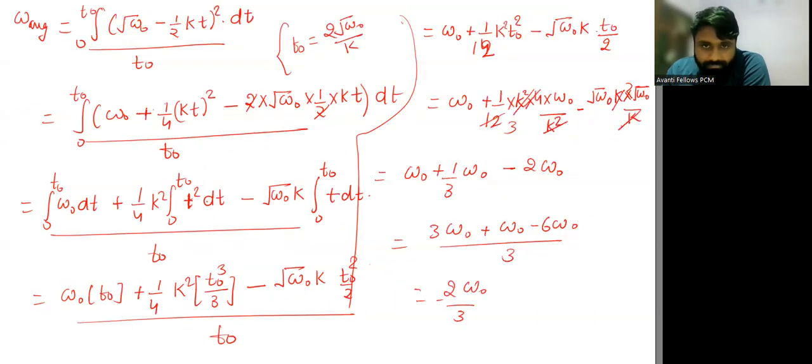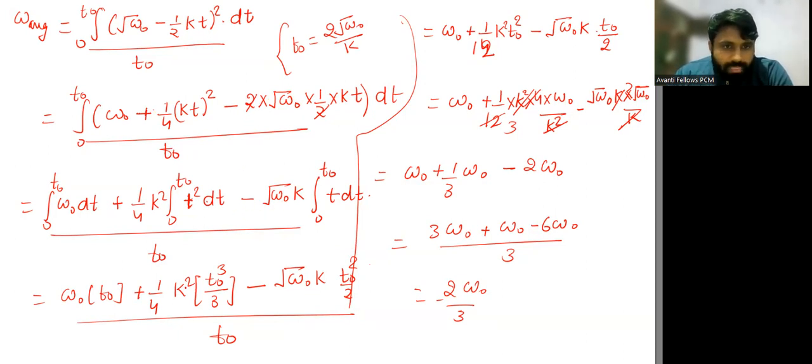Okay. Now in this, look, if we are making some mistakes, let me recheck it. This is the square of this: omega naught plus 1 by 4 k square t square, 2 into root omega plus 1 by 2 kt. So 2 and 2 will cancel out. Okay. Got it.